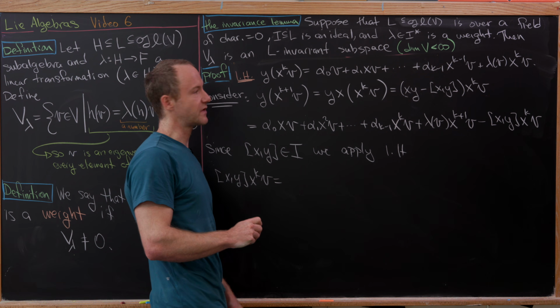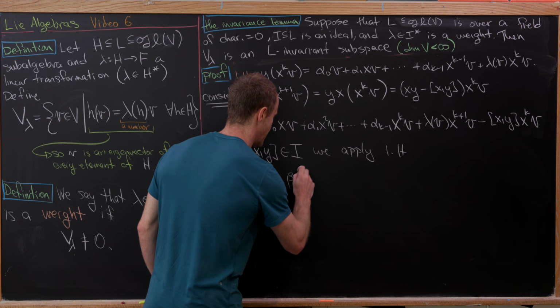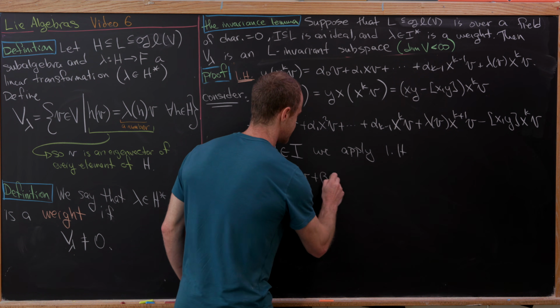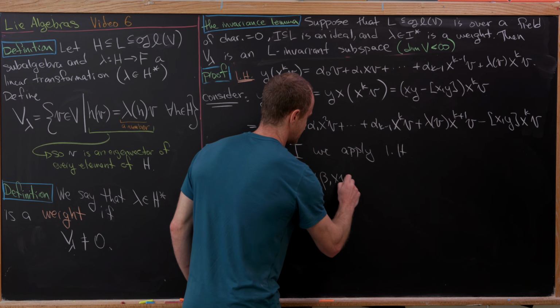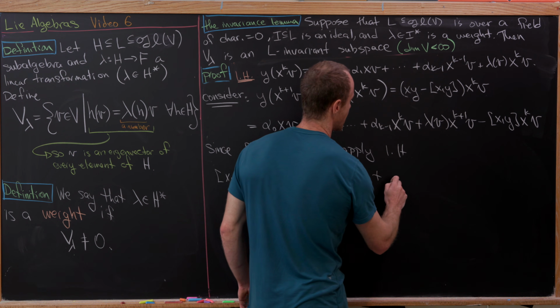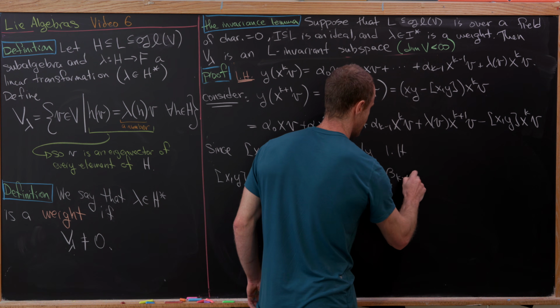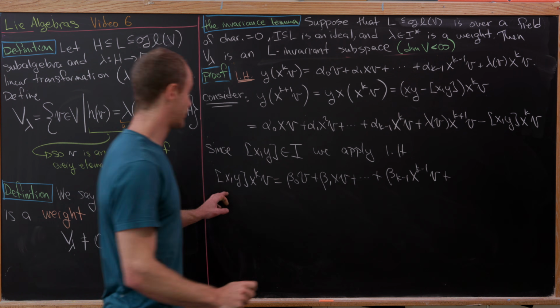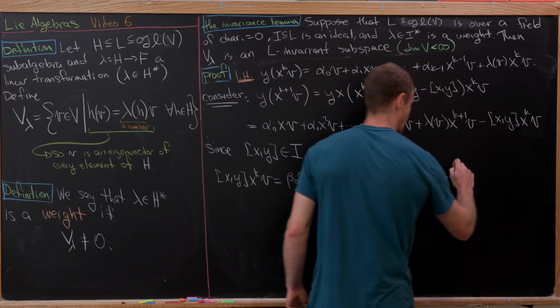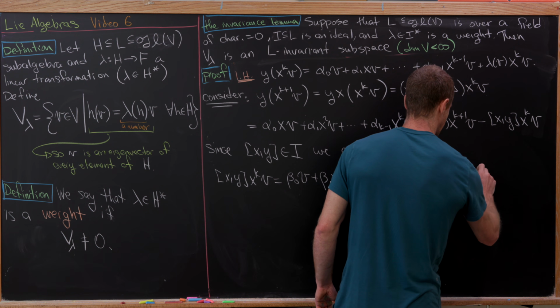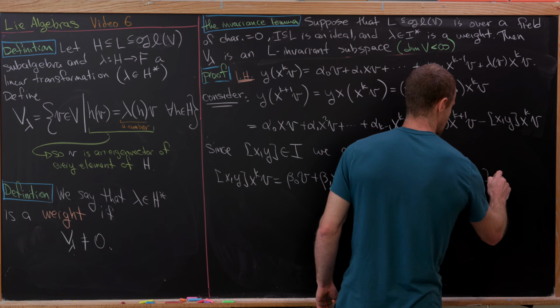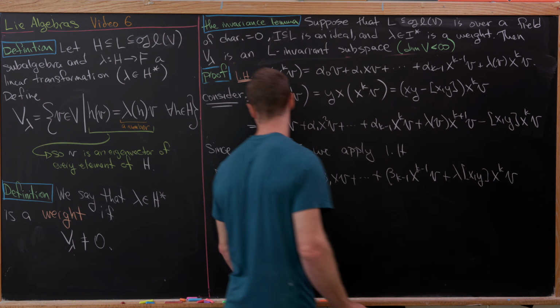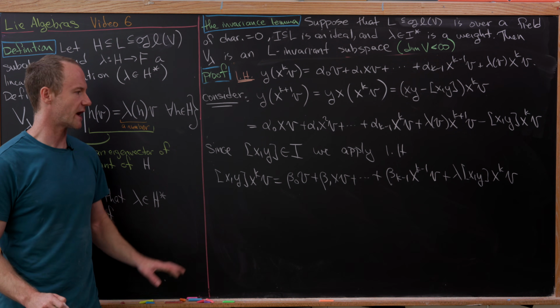That'll be something like this: beta naught v plus beta 1 xv all the way up to beta k minus 1 x to the k minus 1 v, and then finally plus lambda of bracket xy times x to the k v. So something like that. Okay, nice.